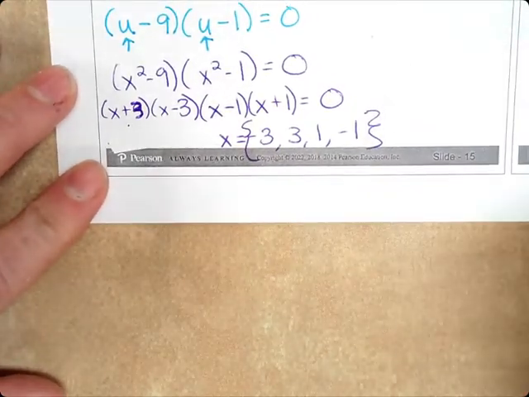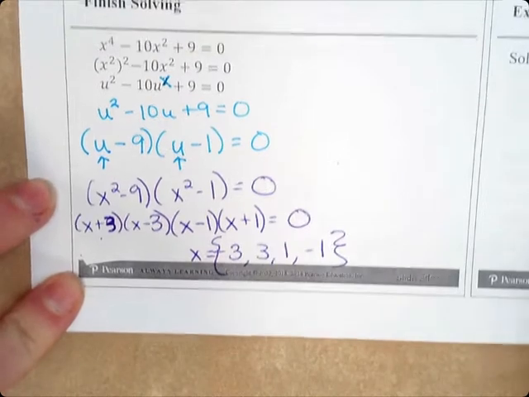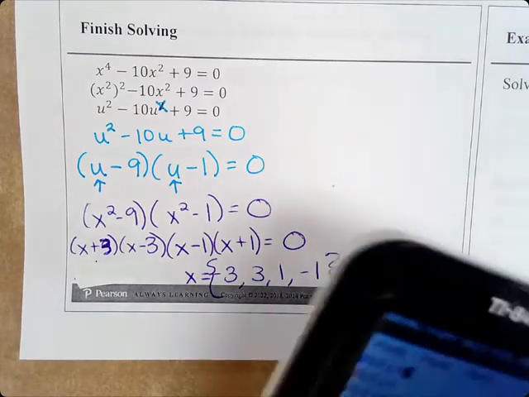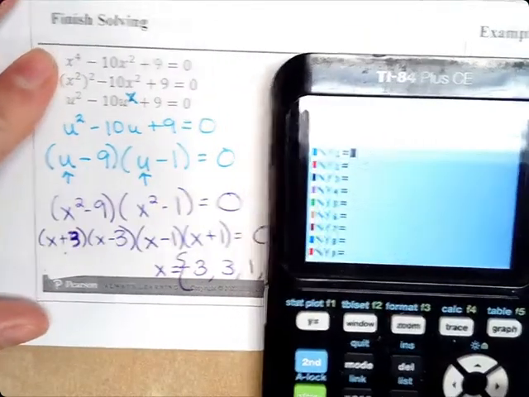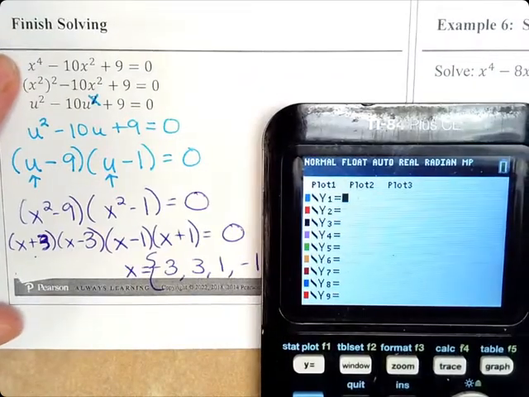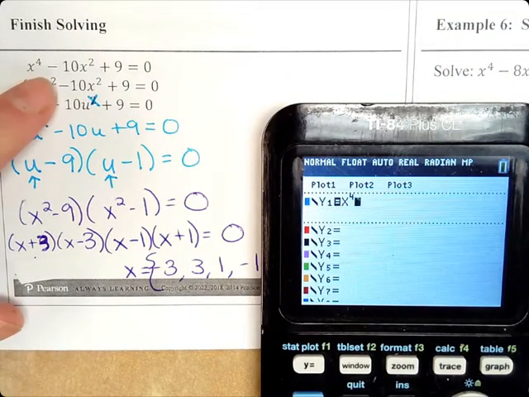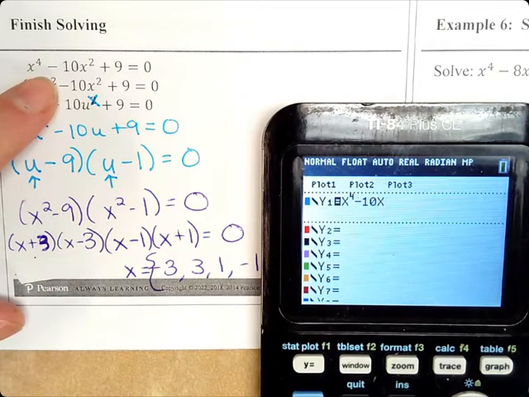You do want to make sure that this is true. So we need to sub it in, either sub it in or look at your graph and then look at the table of values. So we'll put it in with the x: x raised to the 4th power minus 10x squared plus 9.